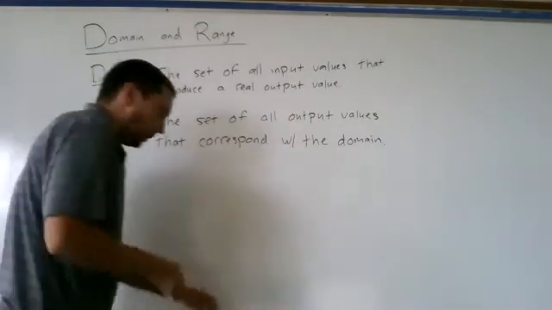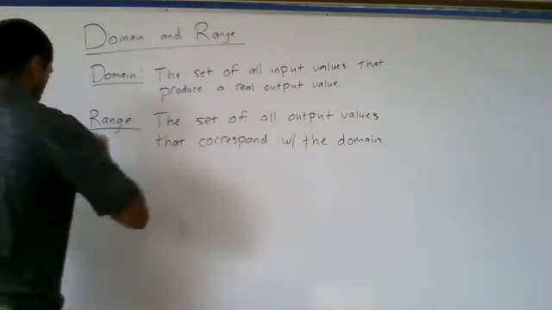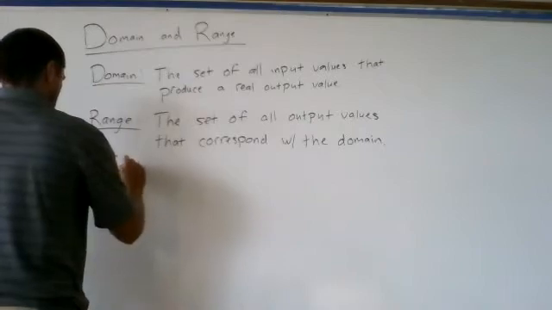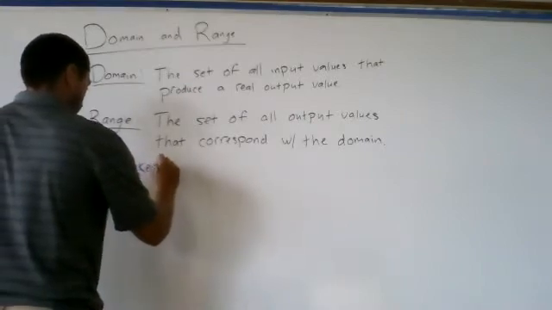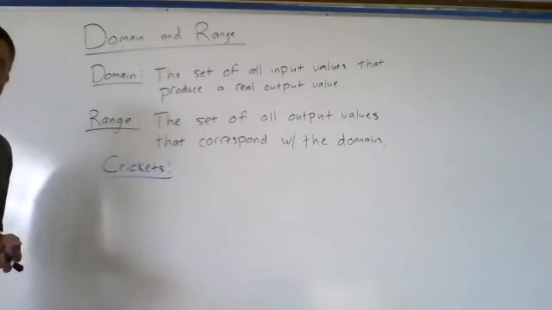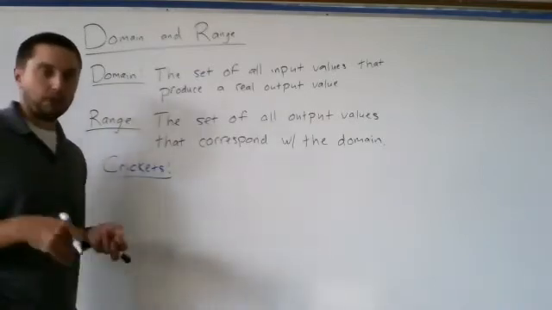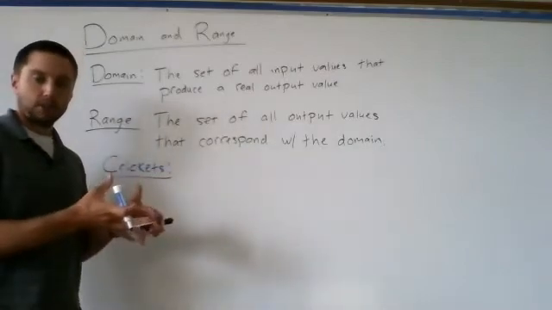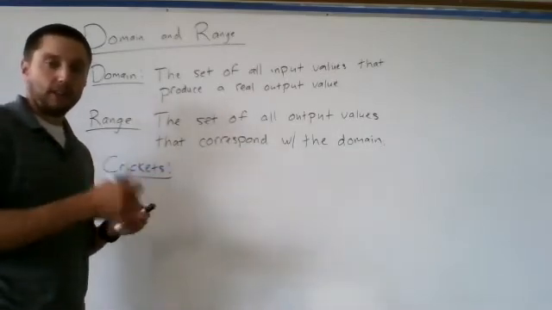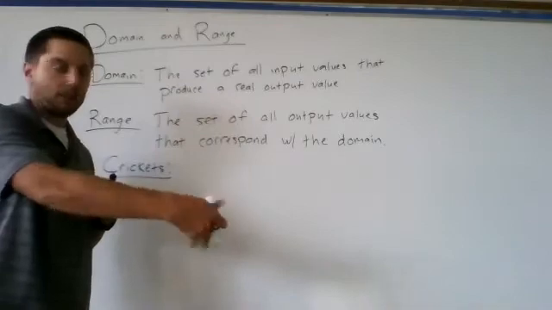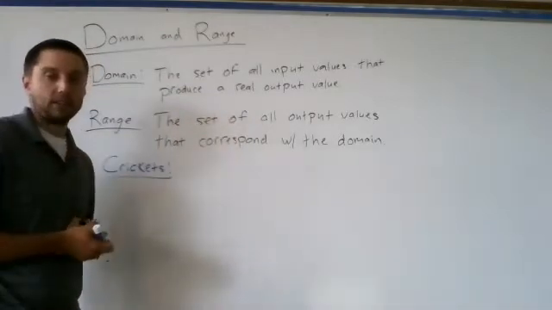All right, so let's go back and talk about our cricket problem from our first lesson. Okay, so if you don't remember the specific, that's okay. But with our cricket problem, remember, we were counting the number of chirps in 15 seconds, and then we added 40, and that gave us the temperature.